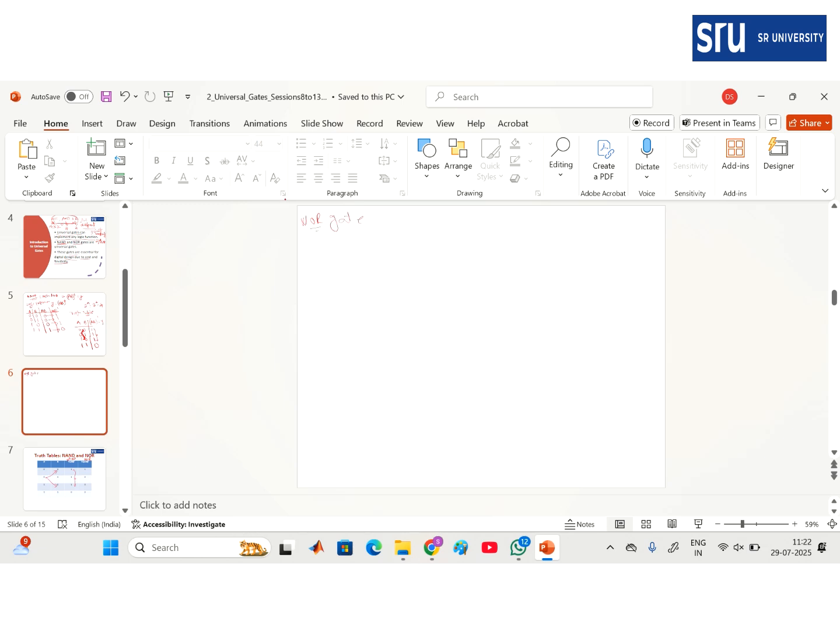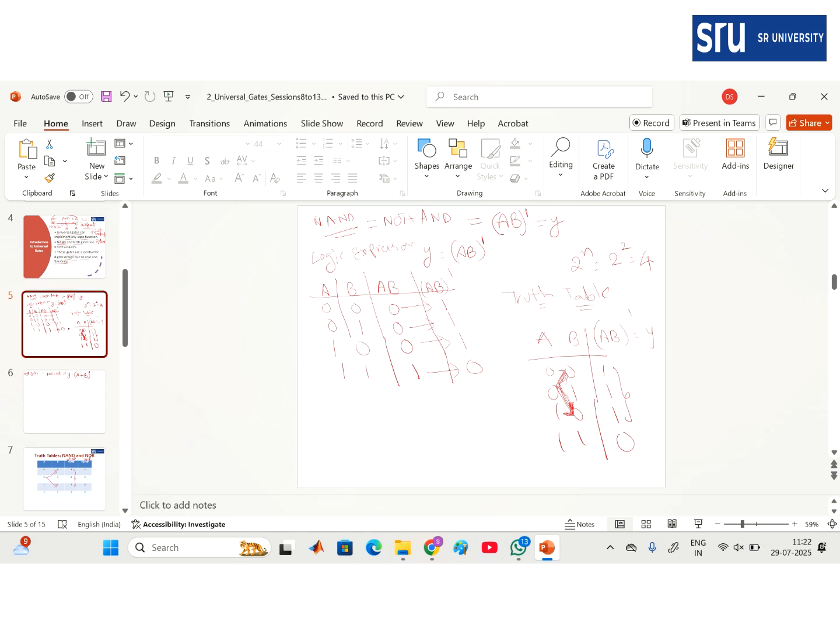NOR is NOT plus OR. We know the OR gate output expression is Y equals A plus B. If you consider the NOT, that is the bar, then in terms of the NAND gate, it is the AND gate complement.